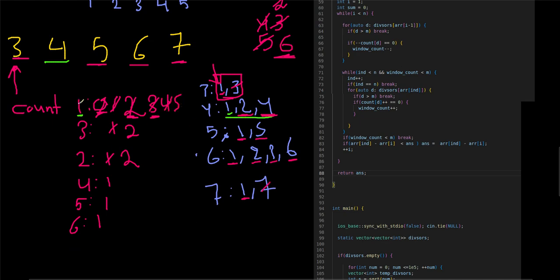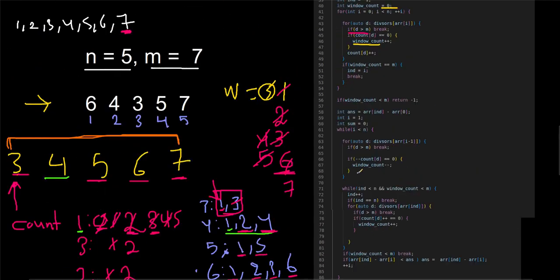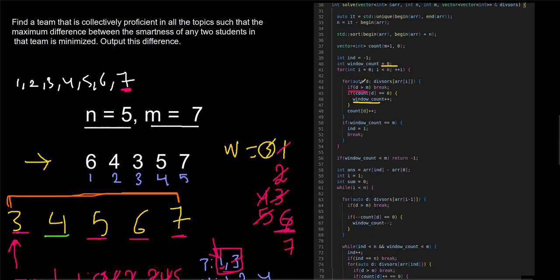Then 7 is not here, so we increase the window count by 1, to 7, and that means for the first student we need this whole window to cover all the topics, and this is what we did here in this loop.